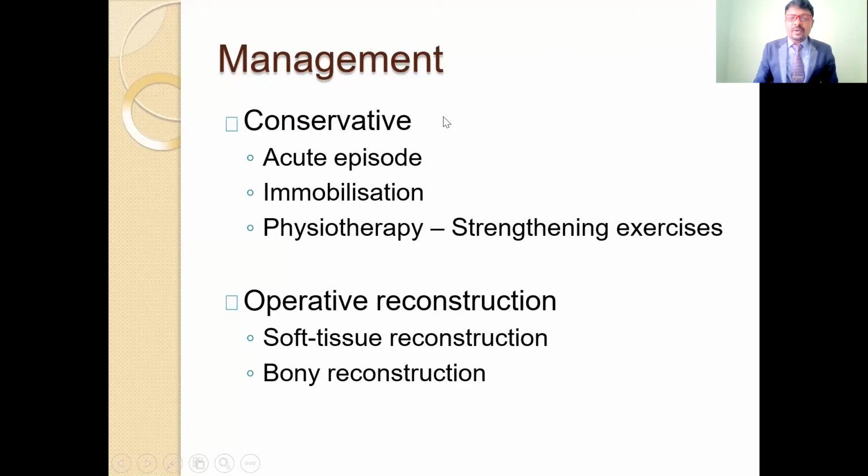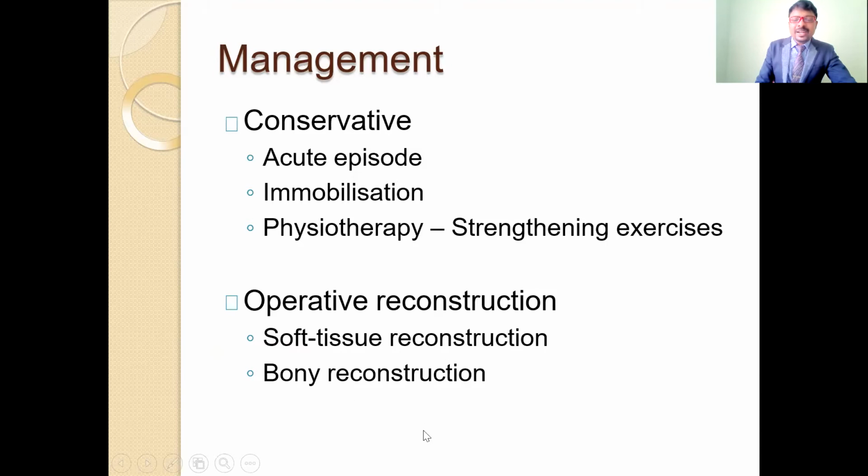If it is not controlled with immobilization and physiotherapy, then we do surgical procedures. These surgical procedures include soft tissue reconstructions. If there are any injuries or ligament laxity that cannot be controlled, we reconstruct the soft tissues with open surgical procedures or arthroscopic surgical procedures to prevent recurrent dislocations.